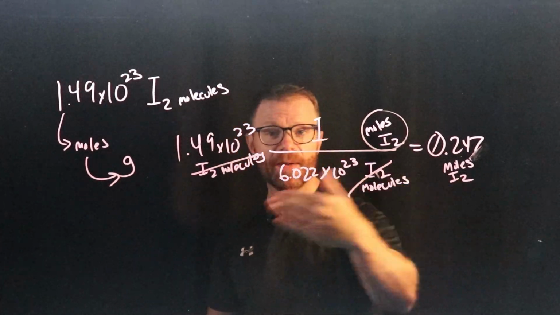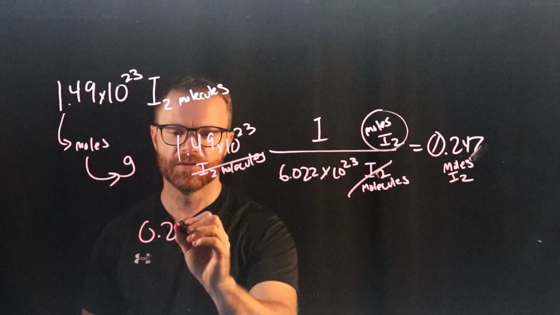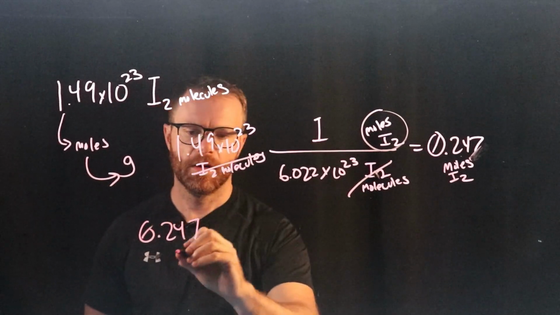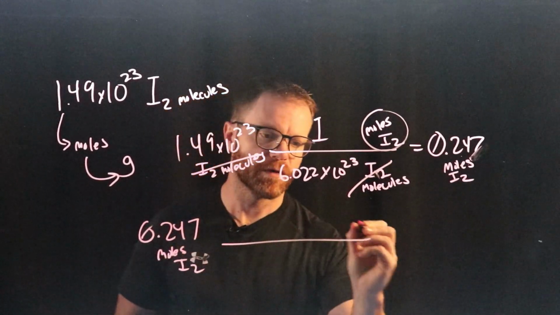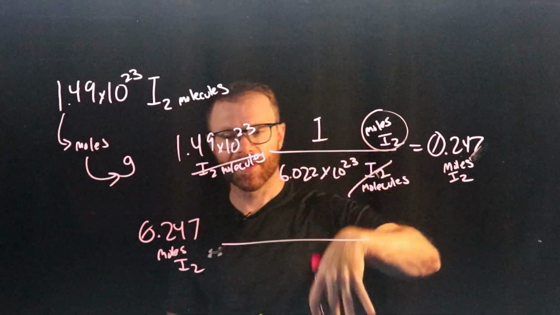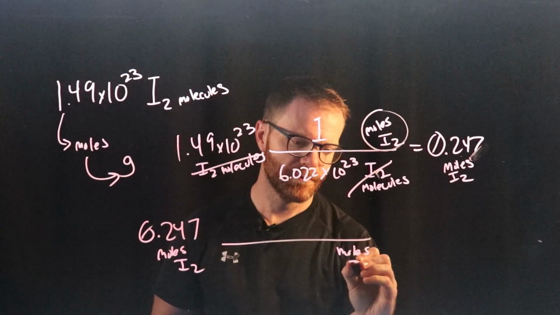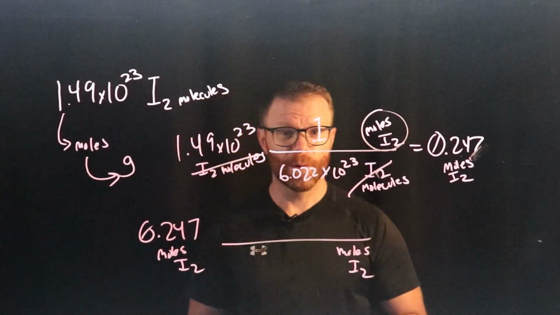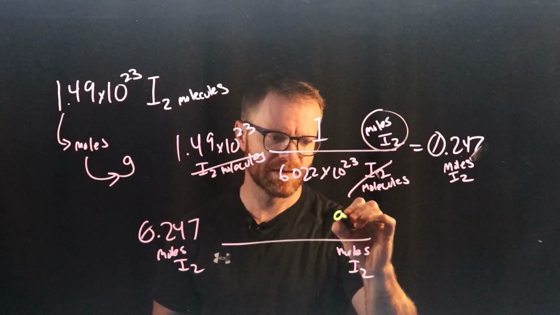Okay, now that becomes the starting value of our second step, 0.247 moles of iodine. We're going to multiply that by a conversion factor. We're going to put what we want to get rid of on bottom. That's moles of I2. We're going to put what we want to go to on top, and we want to end up with grams.